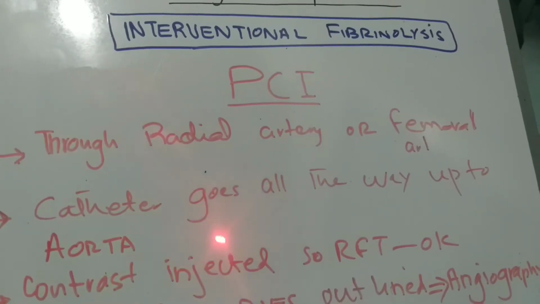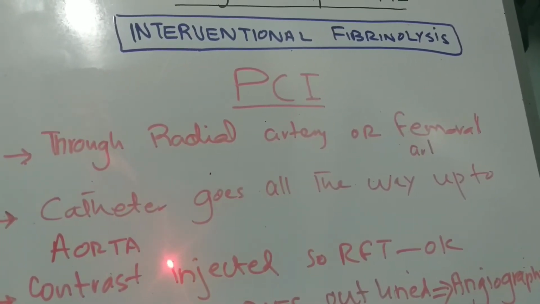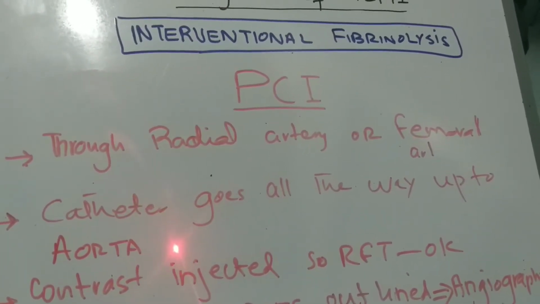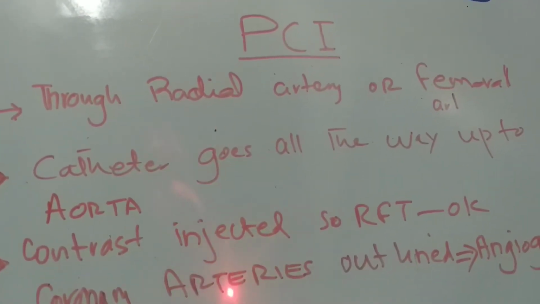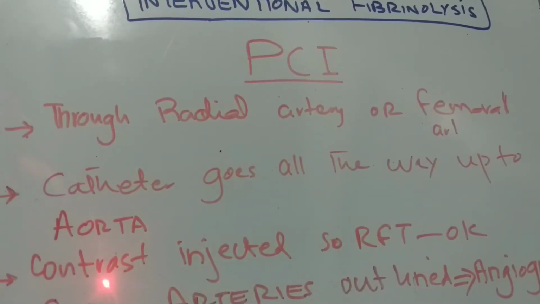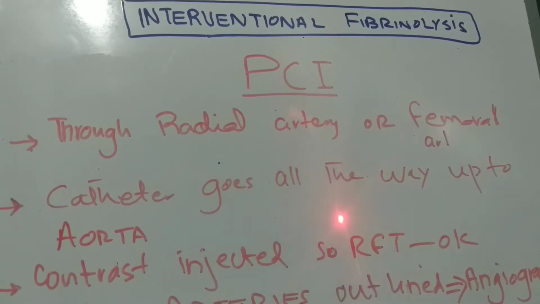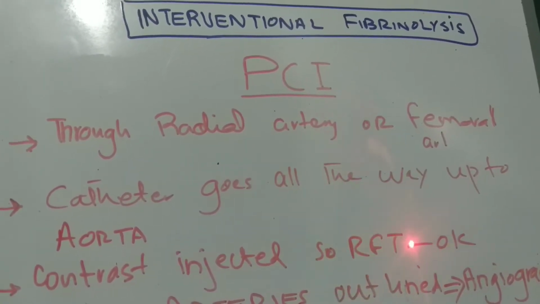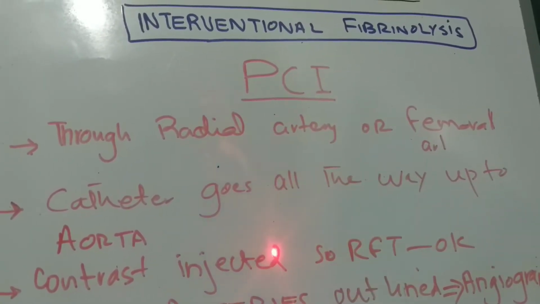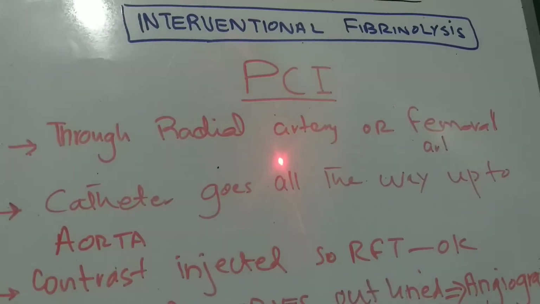So a contrast is injected which goes all the way into the coronary arteries and outlines their anatomy. Because we give contrast injection, we need to have urea and creatinine of the patient, and if there is a problem with these, it becomes a contraindication of PCI.